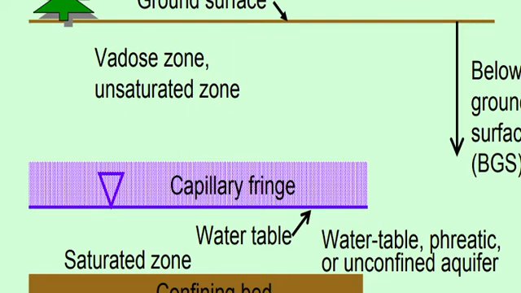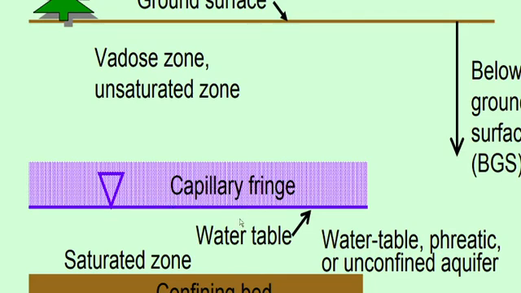This is a very brief introduction about the subsurface strata, again like previous. So we have a groundwater surface, we have a vadose zone which is coming all the way to the water table level. The water table level is actually separating the vadose zone and the saturated zone.